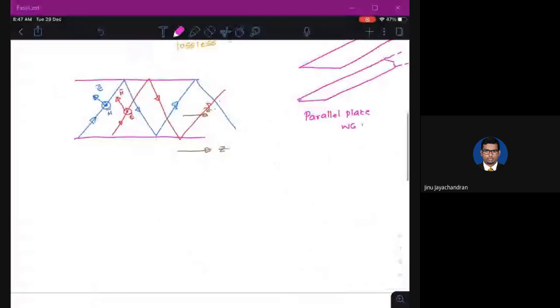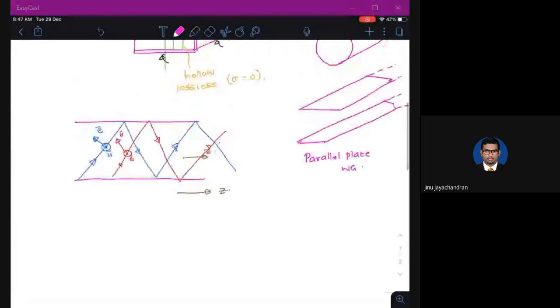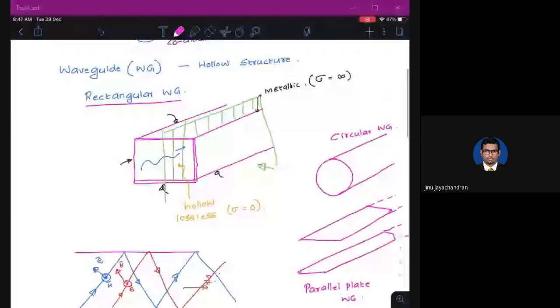So all these equations that we have seen are derived for a wave in an unbounded medium. We'll make use of all these things, and we will try to apply the boundary conditions, because you see that the wave propagating in an unbounded medium, when it encounters the boundary on four sides, it is basically a rectangular waveguide.